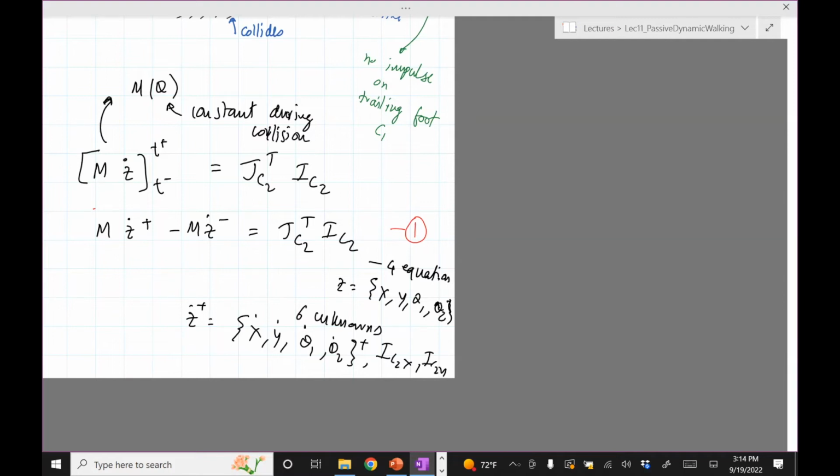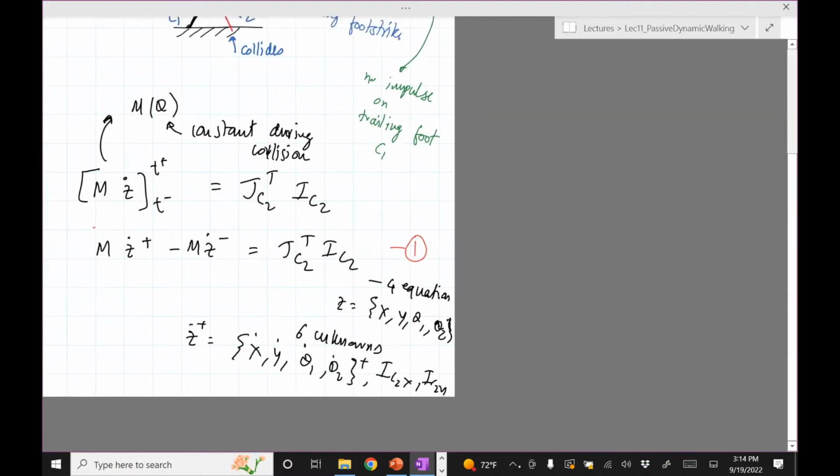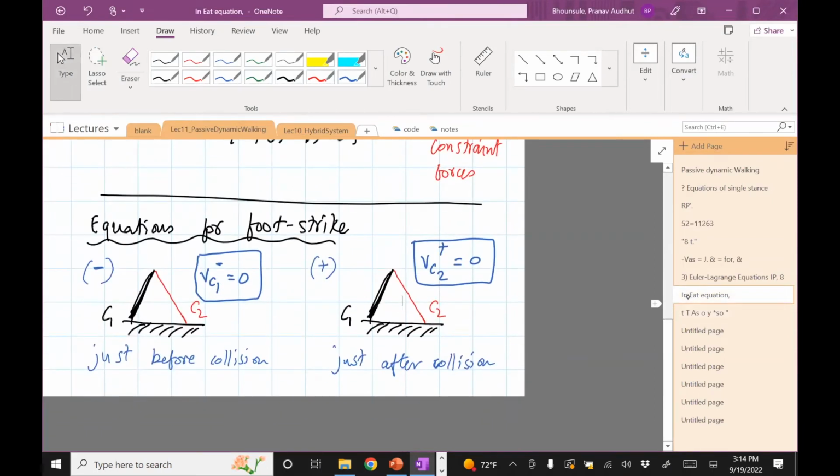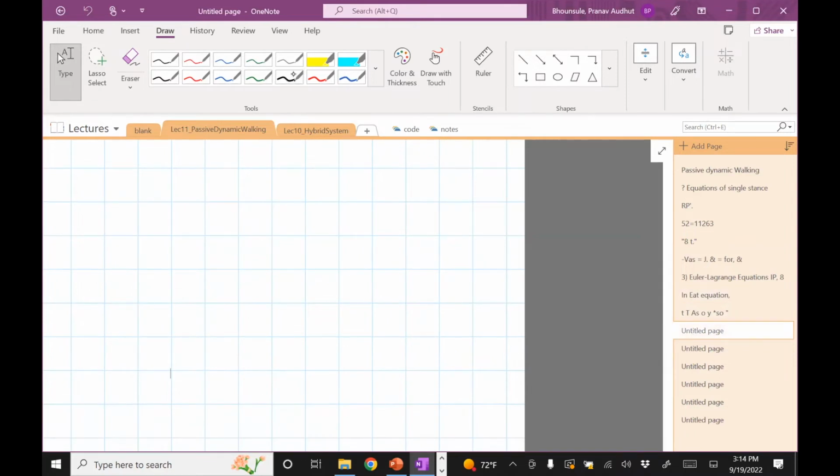It turns out there are 2 more equations which I have not accounted for. Those equations come because of the fact that the velocity of C2 positive should be 0. So I'll write that down as an equation. Okay, I'm almost done. Vc2 positive, which is Jc2 positive q dot, equals 0.